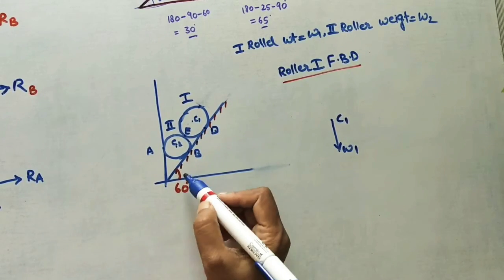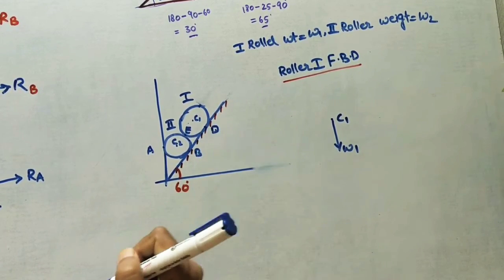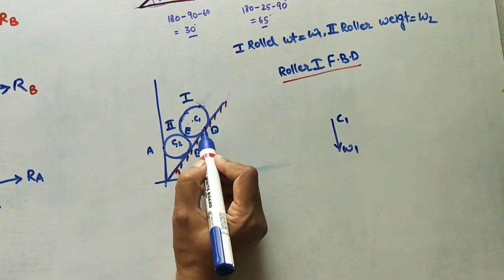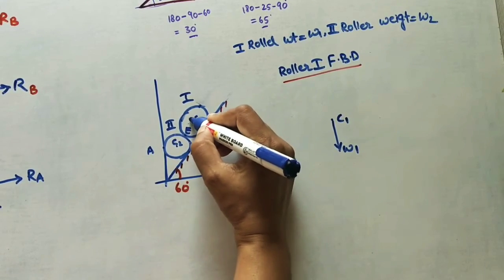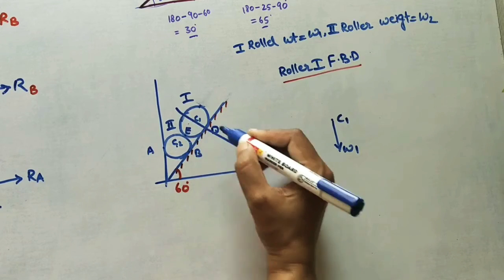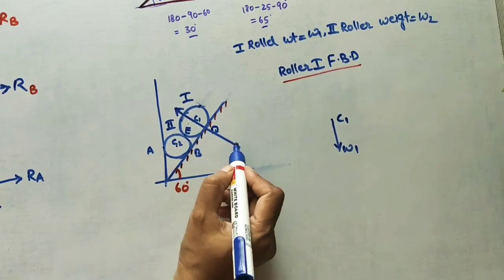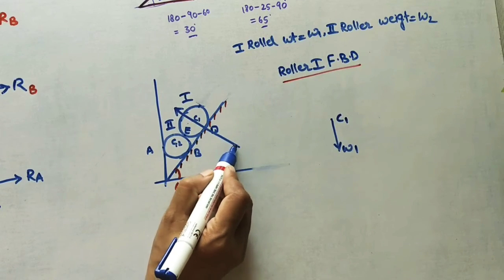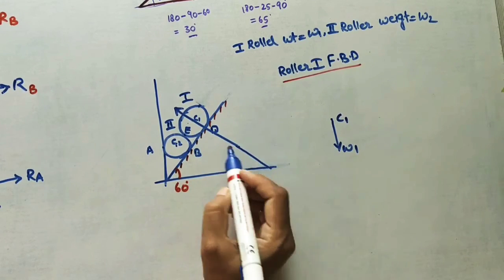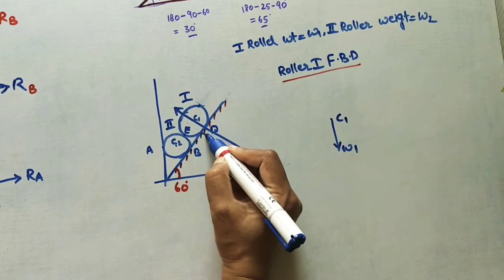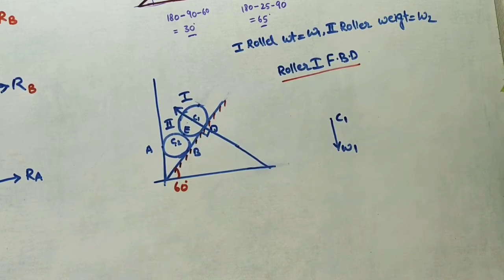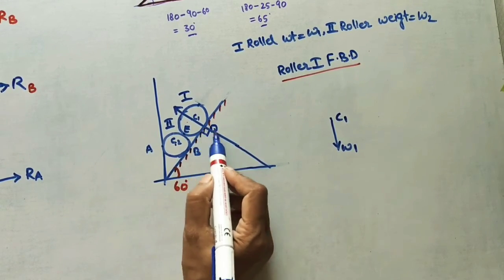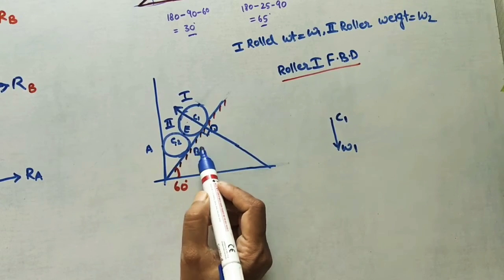Now here, at D point, because of this contact surface, the reaction RD is acting like this. So how much angle is it making with the horizontal? Already I told you this reaction and this surface are making 90 degrees. If you take this bigger triangle, this is 90, this is 60.